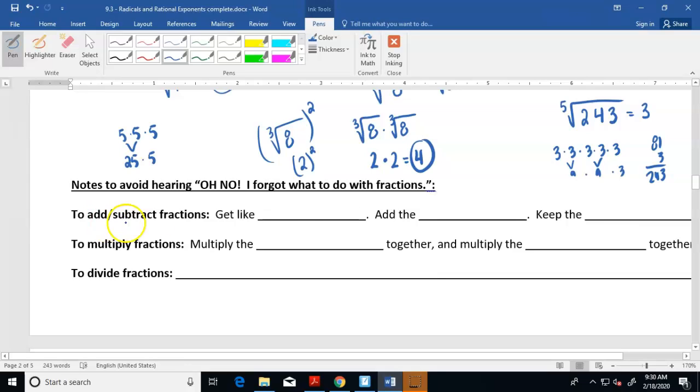So, let's review because we're going to have to be able to do this. So, to add and subtract fractions, we need to get like denominators. Add the numerators.